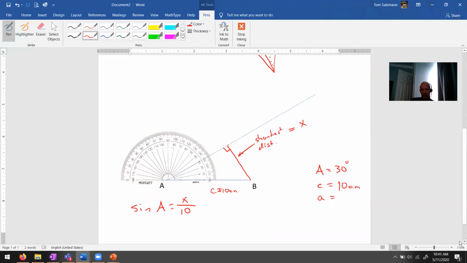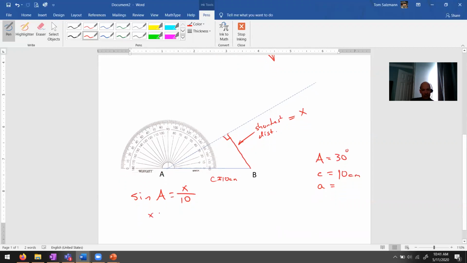Now, in general, I might even just leave this as side C. So this side would be 10 sine A, but for the sake of generalization, I can include that as C, because C is going to vary. It's something you're going to be given, but it's going to vary.